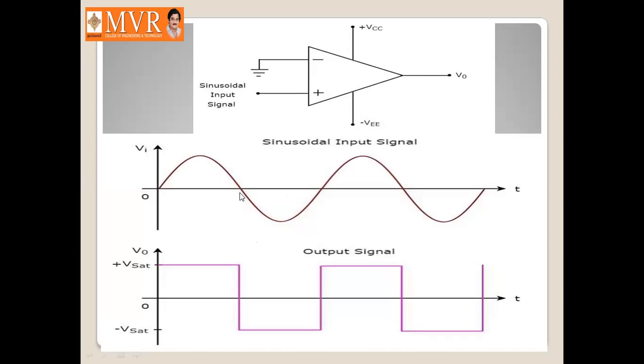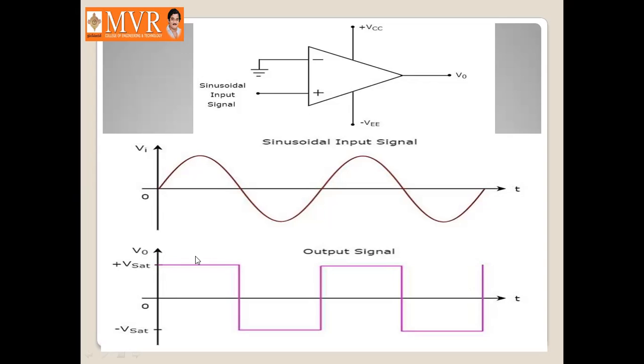Whenever the input sinusoidal signal crosses 0 volts, the output is going to change its state. As we have used this comparator as a non-inverting comparator, the output will not be inverted. So when we apply a sinusoidal signal, during the positive half cycle the output will stay at plus Vsat only. It is not going to be inverted.